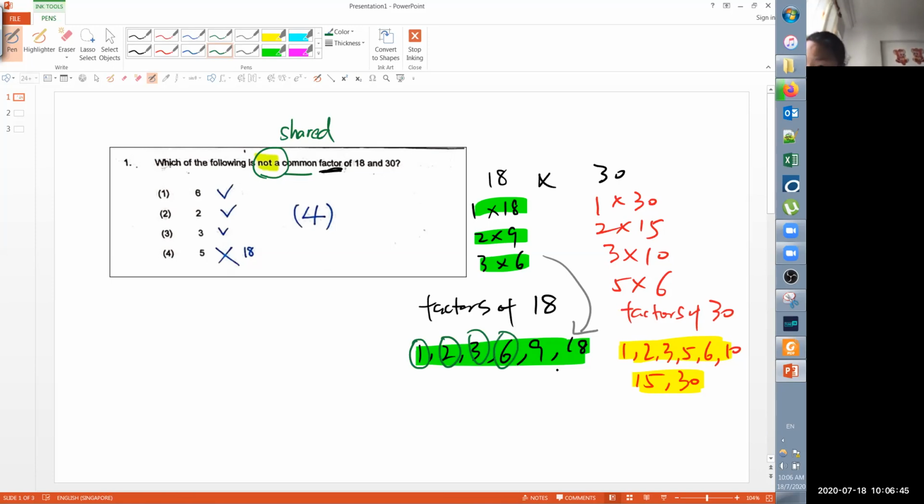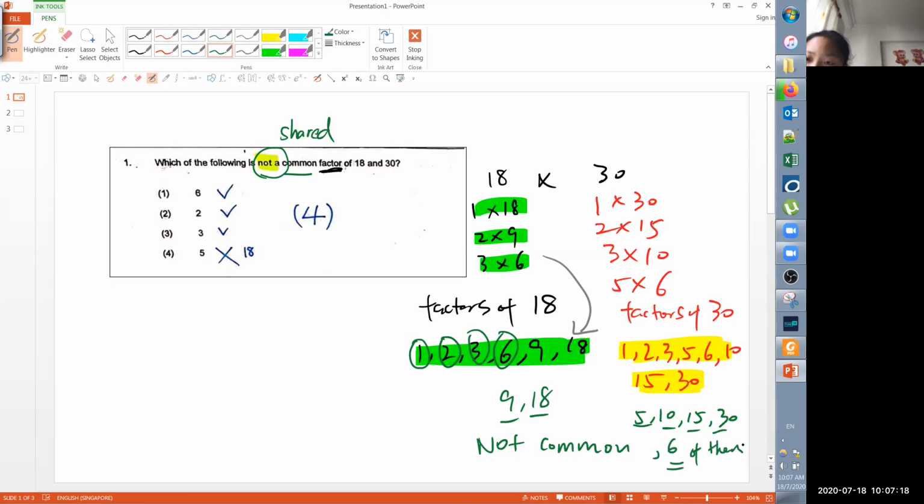You have 9 and 18 here, and 5, 10, 15, and 30 here. If you count them, 1, 2, 3, 4, 5, 6: six of them are not common.